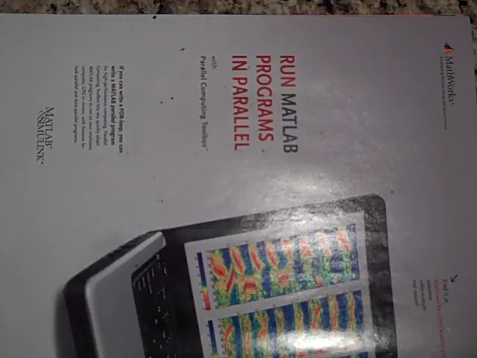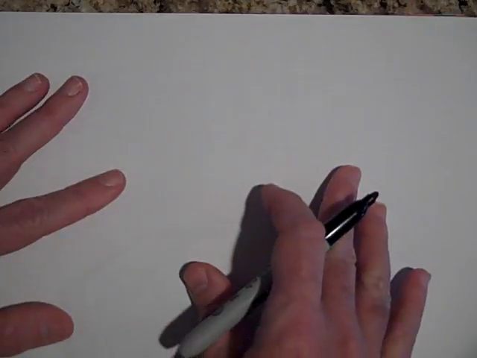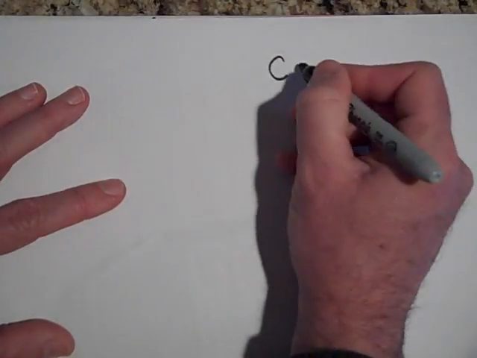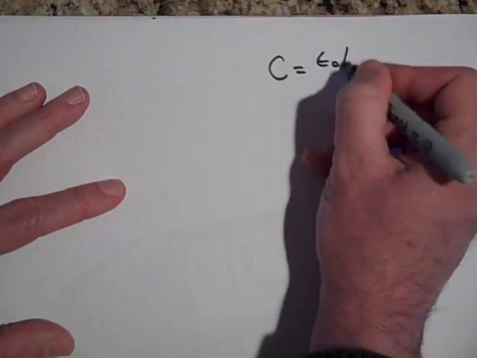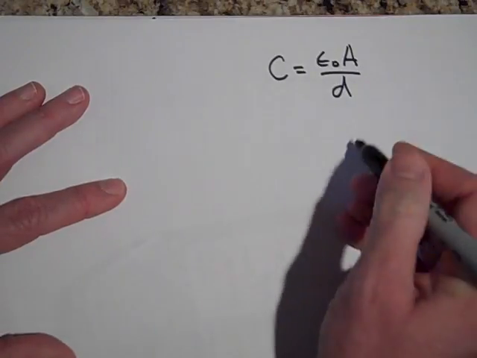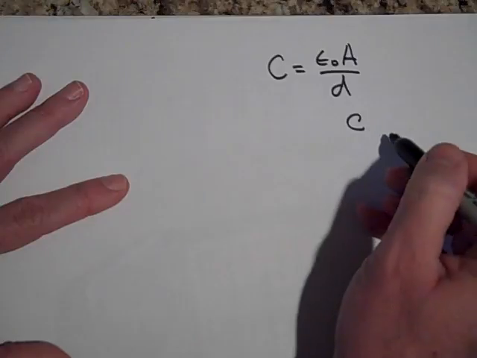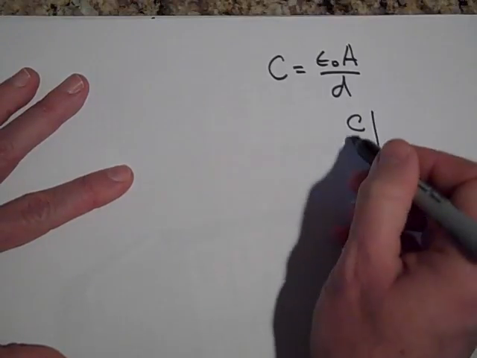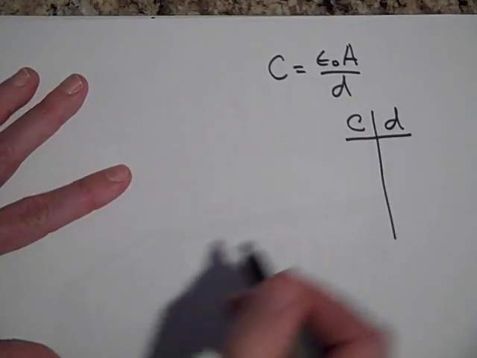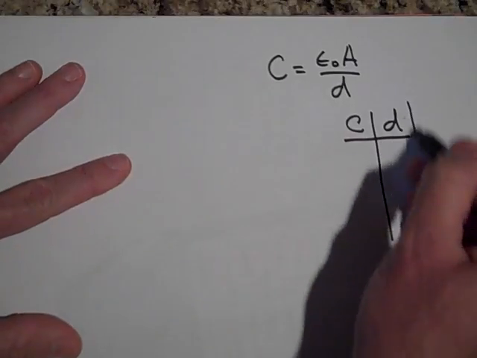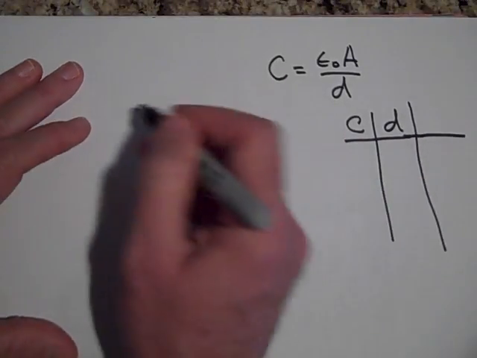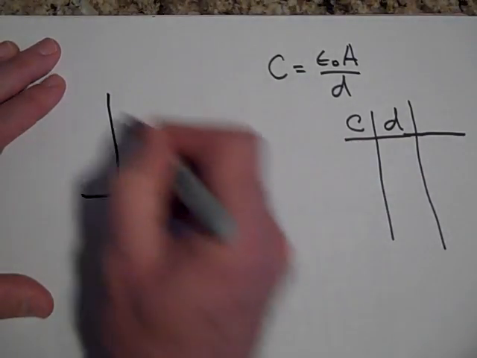Okay, let's go with 2 more. Capacitance. Let's say I know capacitance is epsilon naught A over d. And they do an experiment where they're plotting how capacitance varies with d. Well, if you plot that, you're not going to get a straight line.